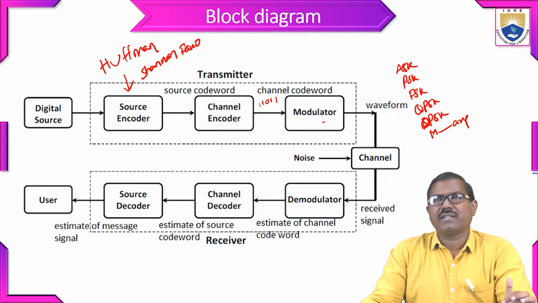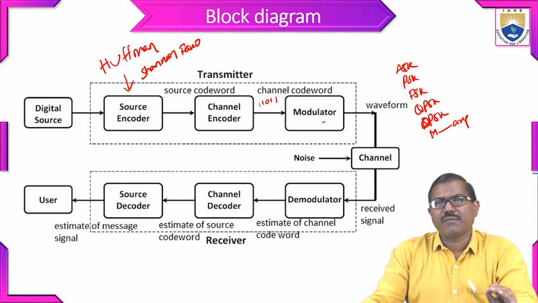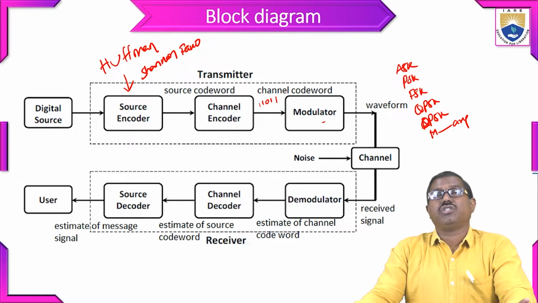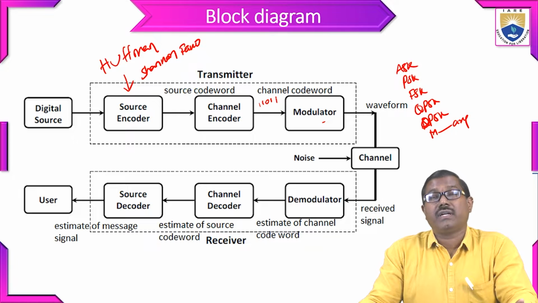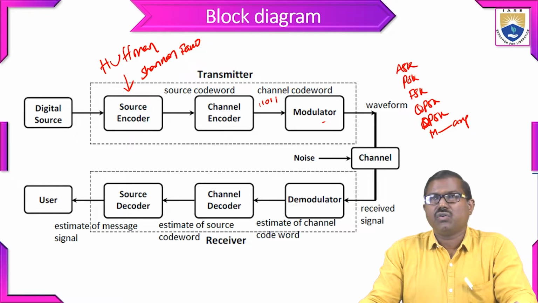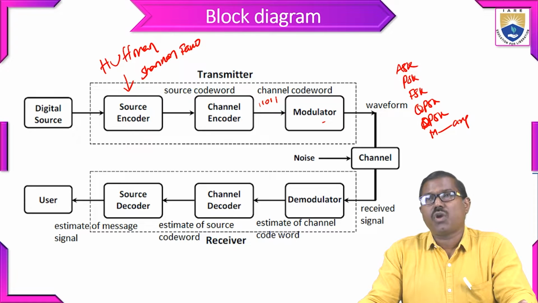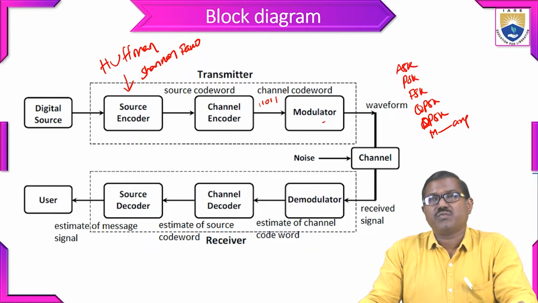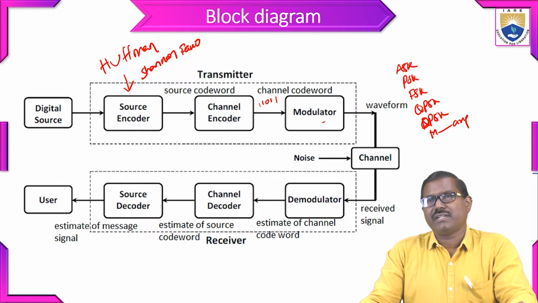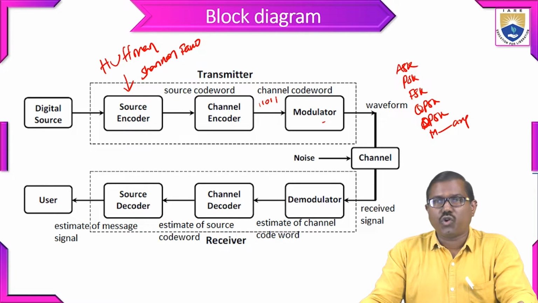So the receiver again contains three important blocks. One is a demodulator. The exact reverse operation of the transmitter is done in the receiver. The last block of the transmitter is the modulator, so in the receiver, the first block is a demodulator.